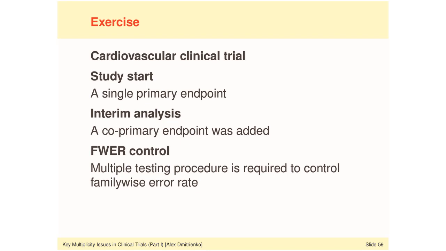So based on the interim findings, this outcome variable was added as another primary endpoint. And since the trial now has two primary endpoints, the trial sponsor, of course, is required to propose a strategy to address multiplicity to protect the overall error rate in this trial.